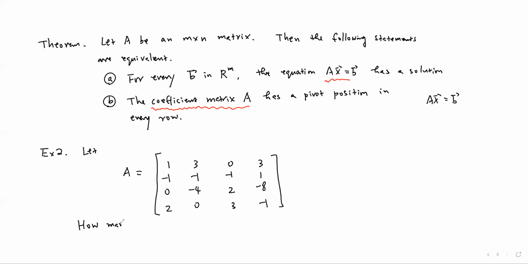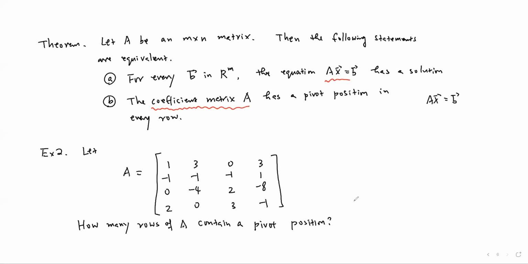How many rows of this matrix contain a pivot position?